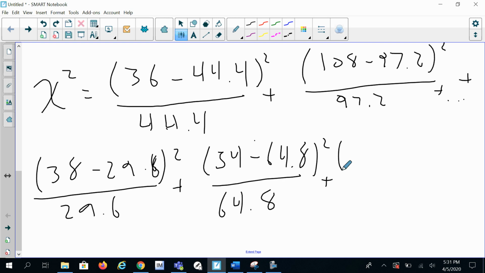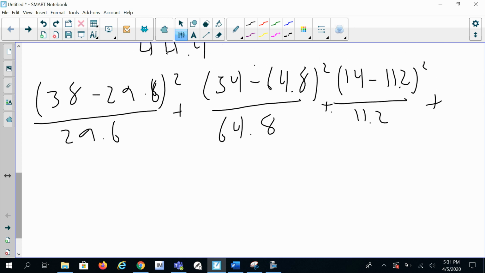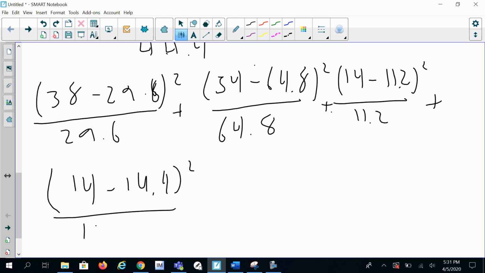The next one was 14, the expected was 11.2, so 14 minus 11.2 squared divided by 11.2. And our last one was 14 minus 14.4, the expected, squared divided by 14.4.